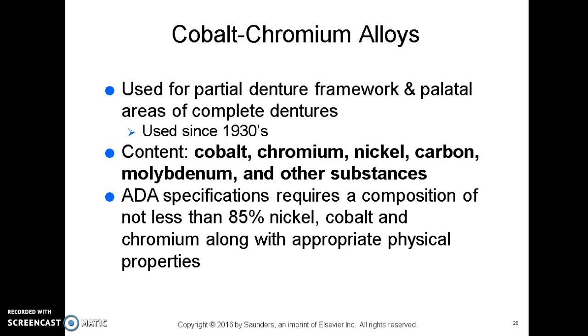This metal has been used since the 1930s in dentistry. The content is cobalt, chromium, some nickel, a carbon mixture, molybdenum, and other substances. The American Dental Association specifications requires a composition of not less than 85% of the nickel, cobalt, and chromium, along with appropriate other physical properties.